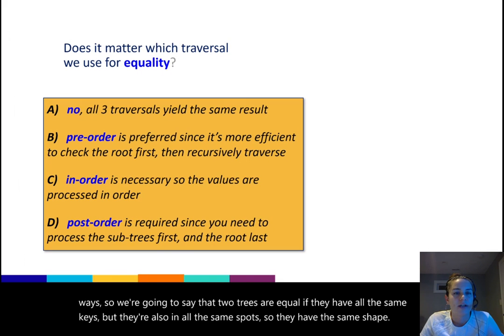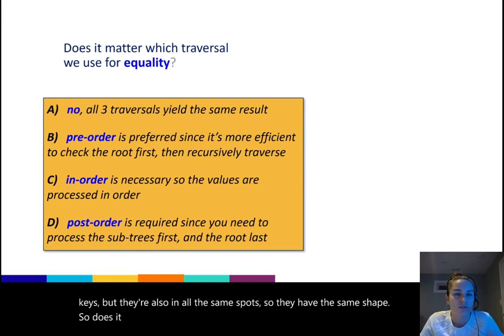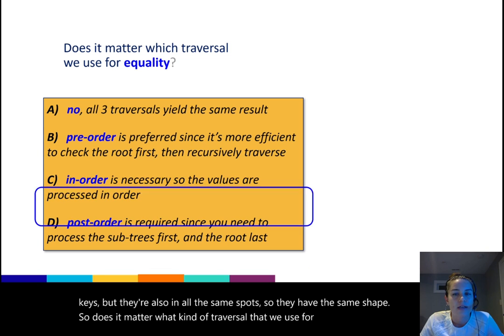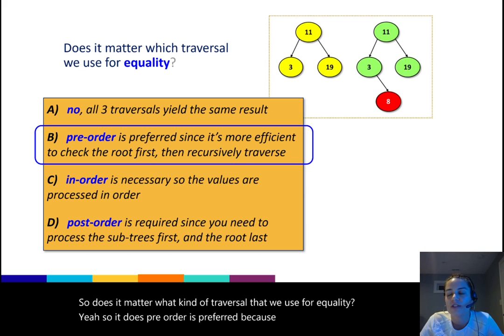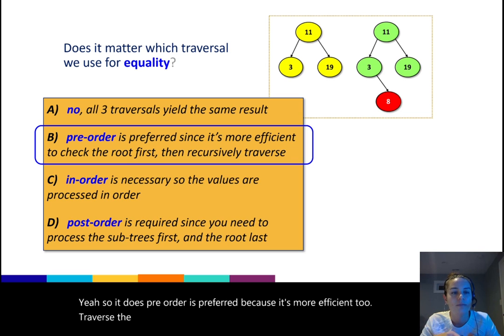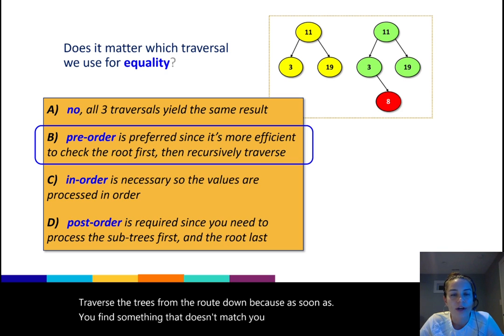So does it matter what kind of traversal that we use for equality? Yeah, so it does. Pre-order is preferred because it's more efficient to traverse the trees from the root down, because as soon as you find something that doesn't match, you can get out of it quicker.